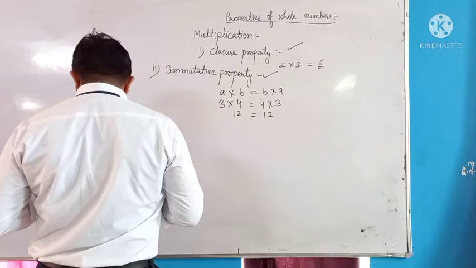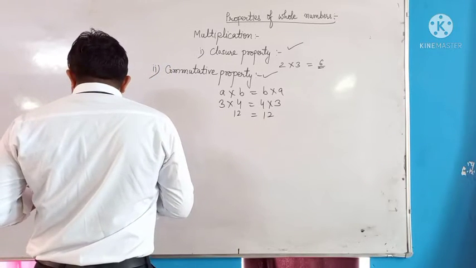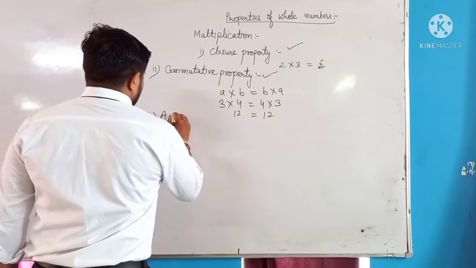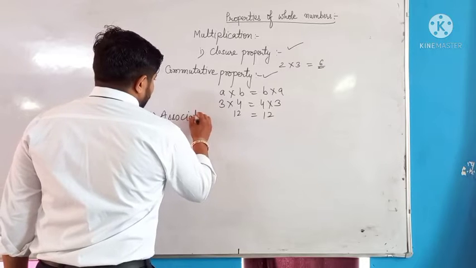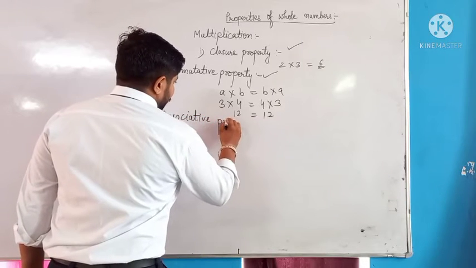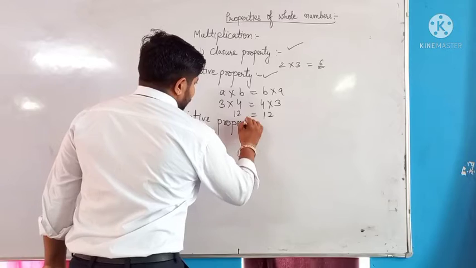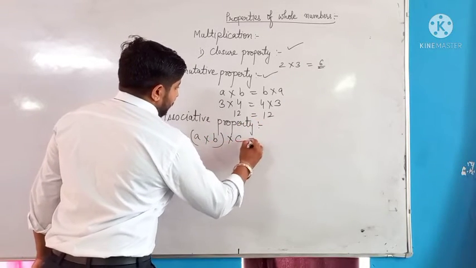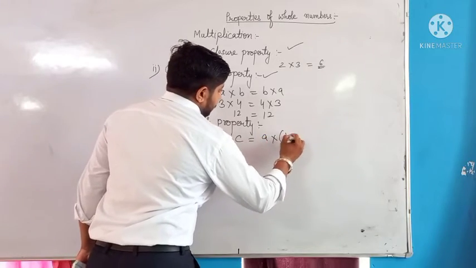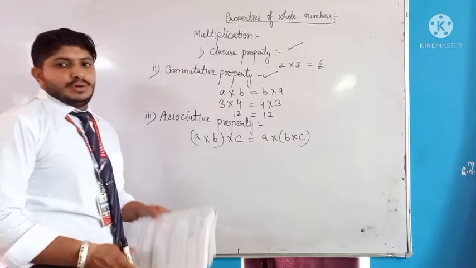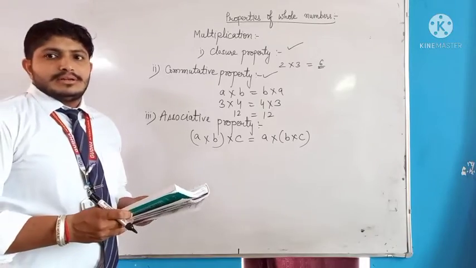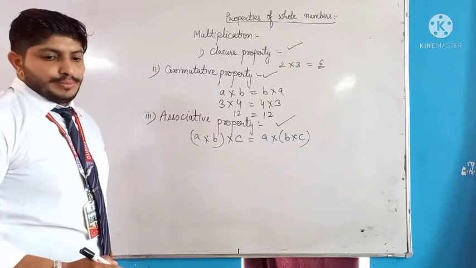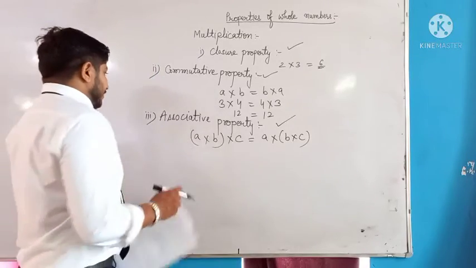Next is the associative property, beta. In associative property, a multiplied by b multiplied by c, grouped differently, is the same. This property also holds under the operation multiplication. Okay, it also holds good under which operation, beta? Multiplication.